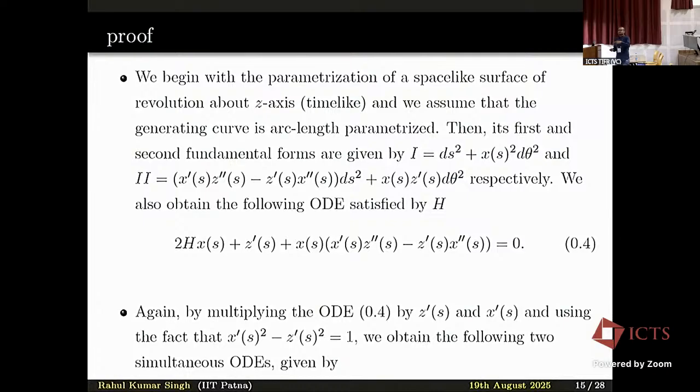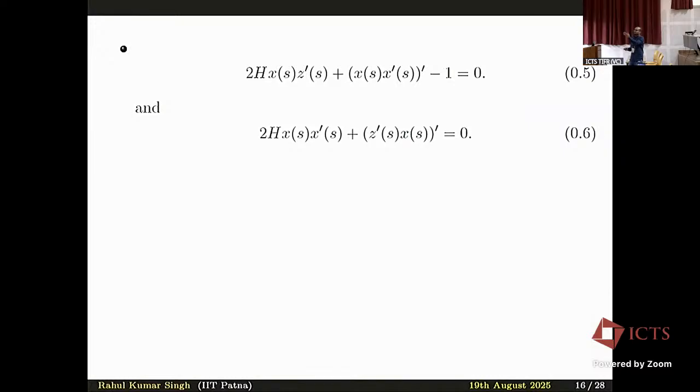But in this case, since the curve is in the xz plane and z has this minus sign there, this is the length we are looking for. So we have this relation. Using these two things, we obtain these two simultaneous ODEs.